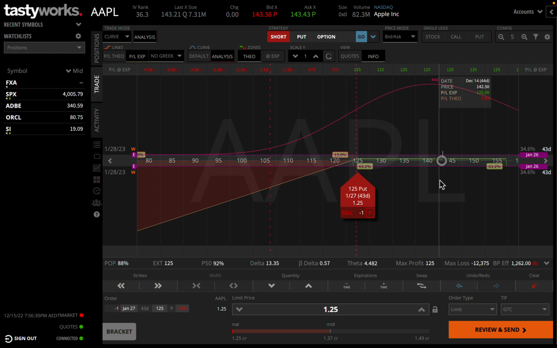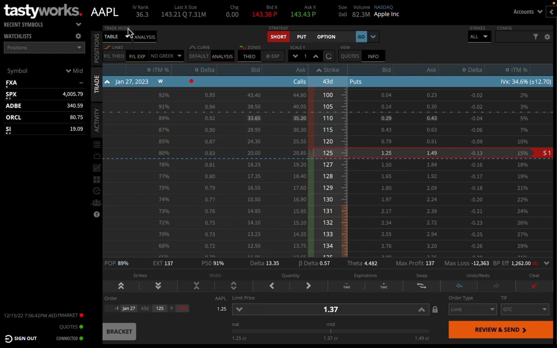This put option that you'd be selling here, you can probably go for the mid price between the bid and ask. If you look at the table here, the ask is 149, the bid's 125. So usually you can go somewhere in between. So we're going 137.